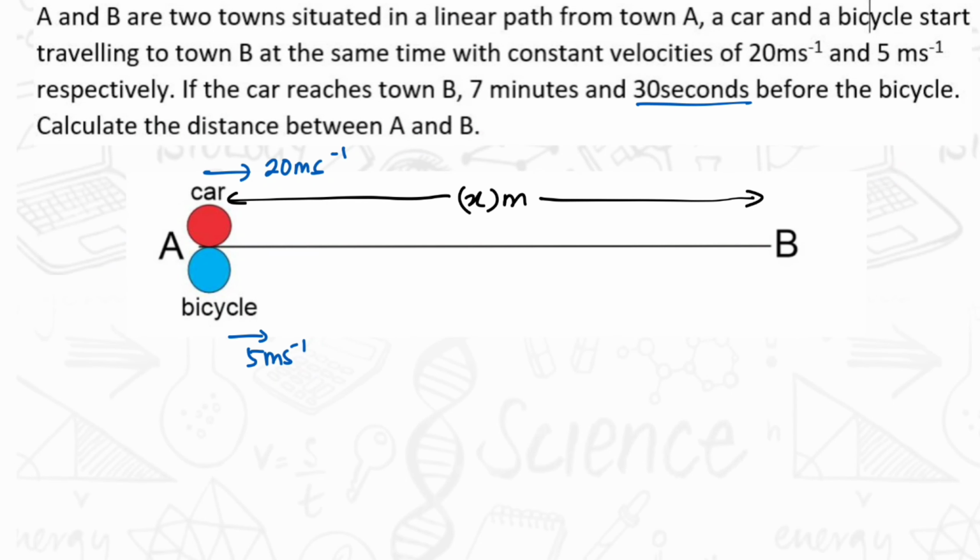Question: we have two cities A and B, and there are two vehicles, a car and a bicycle. The car travels with the velocity of 20 meters per second and the bicycle travels with the velocity of 5 meters per second. Let's say the distance between A and B is x meters, and they have given that the car reaches town B 7 minutes and 30 seconds before the bicycle.